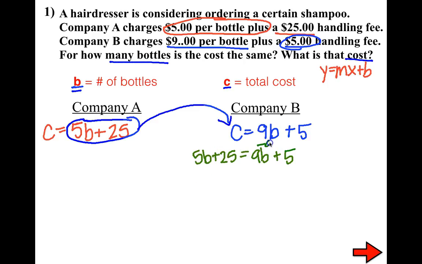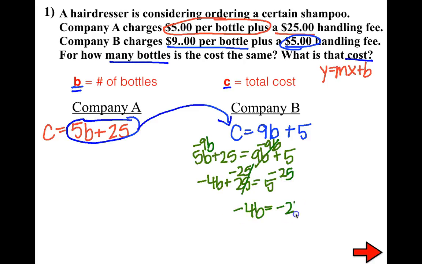So I'm going to subtract 9B from both sides, leaving me with negative 4B plus 25 equals 5. Since my variables move to the left, I'm going to have to move my constants over to the right. So I'm going to do the inverse by subtracting 25 from both sides, leaving me with negative 4B equals negative 20.